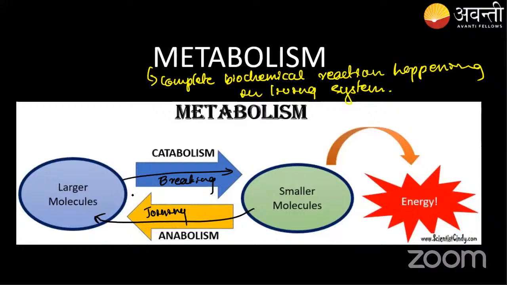During this process, energy production is happening. Energy may be in the form of ATP or some other molecule, NADH or FADH. All that we will learn later, no need to take tension about that. These are also like ATP, but majorly we get ATP or ADP molecules. So this is what metabolism is.